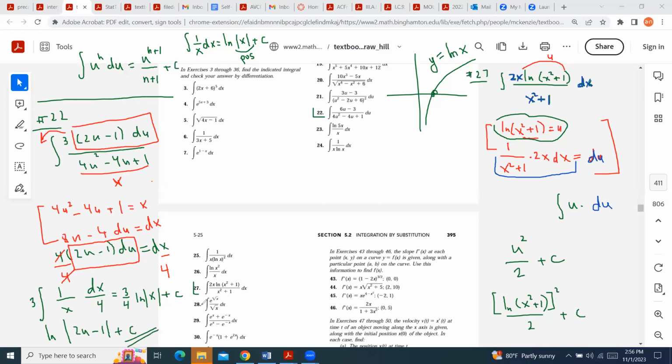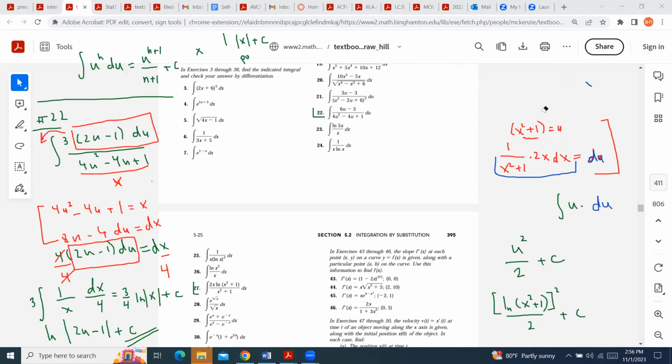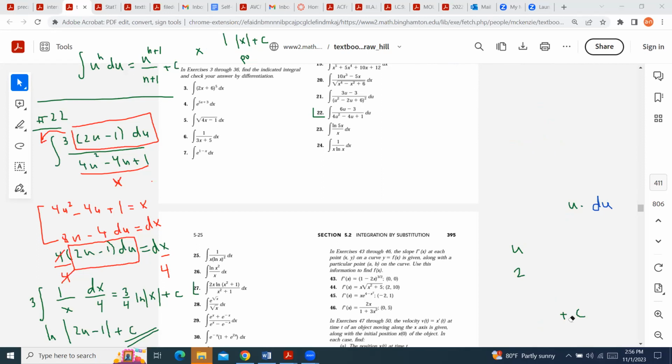Last time I promised that I will show you an exercise that actually makes a little bit of sense why we need that constant, right? So it turns out the exercises that actually ask you to find a constant, they give you just a little bit more information.